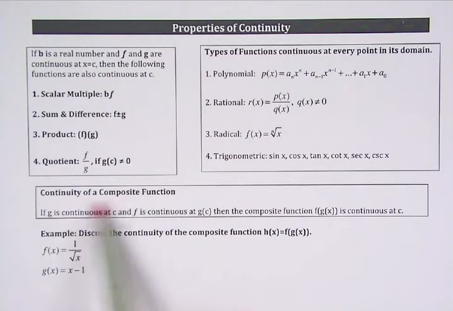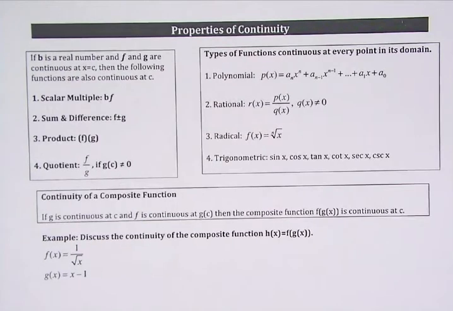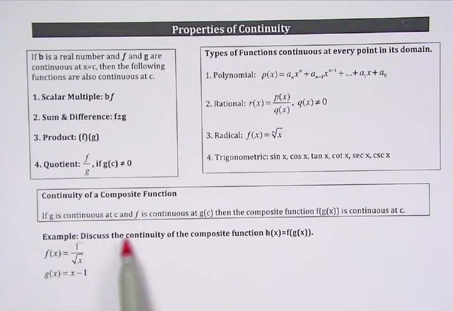All right, continuity and composition of a function, that's basically what we were talking about up here. If g is continuous at c and f is continuous at g of c, then the composite function f of g of x is continuous at c. So we want to discuss the continuity of the composite function h of x, okay, that's equal to f of g of x.